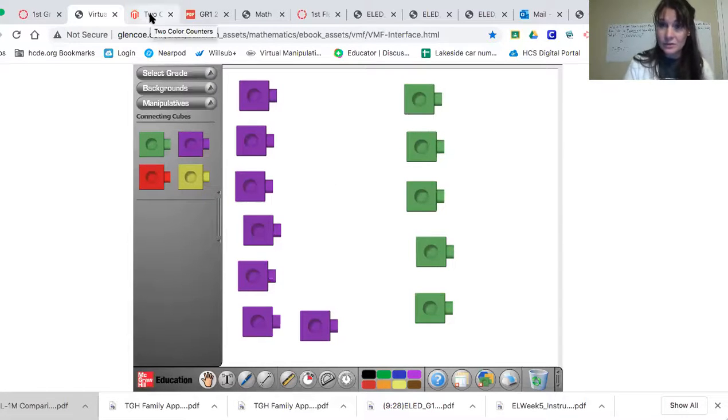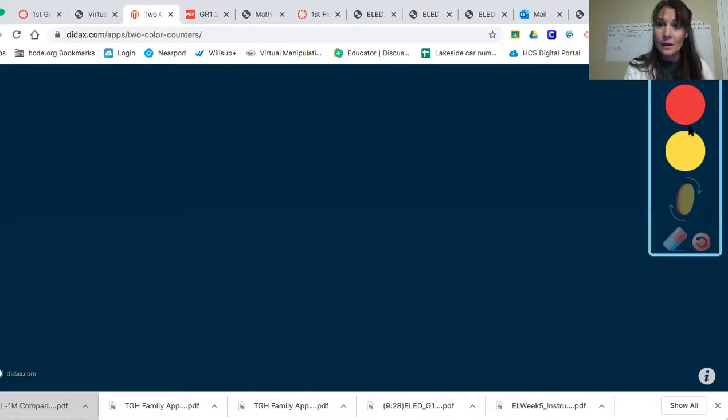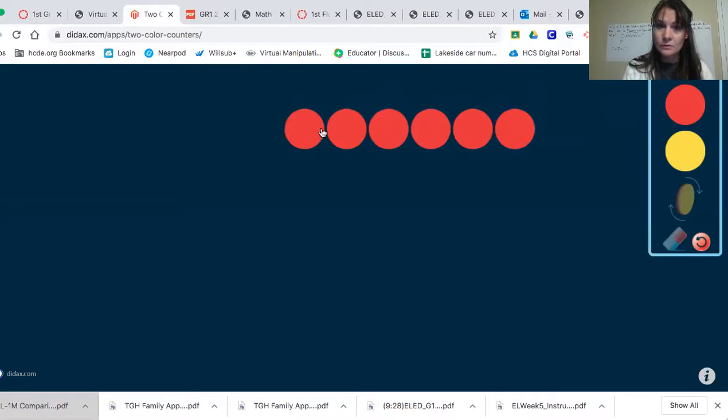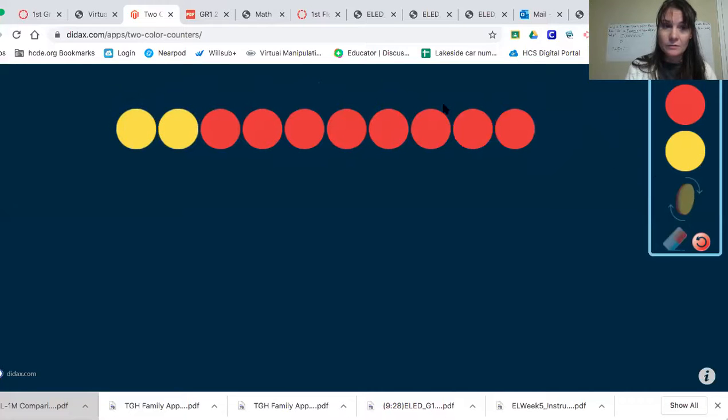Let's look at with our counters as well. I know that he is 7 years old. And there's my 7. I know that she is 5 years older. So I'm going to put 5 more. So how old is Sally?